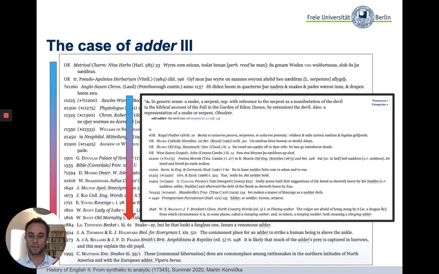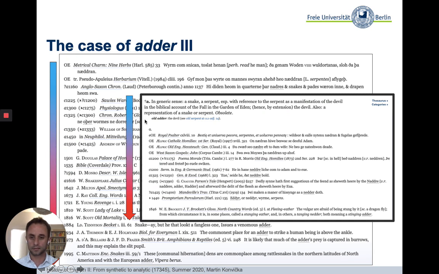Right. You also see evidence of that if you look at the chronology of the senses. Right, so on the right, here the bigger one is the meaning for viper, which you actually see being used all through the different periods. And the last documented example here is from the 1990s, but obviously this is still being used.